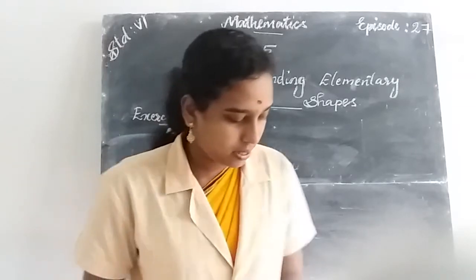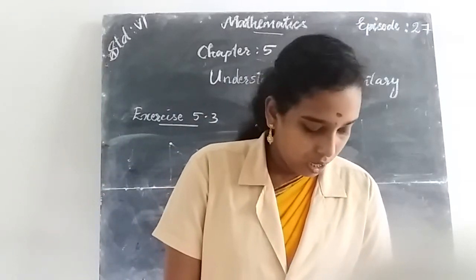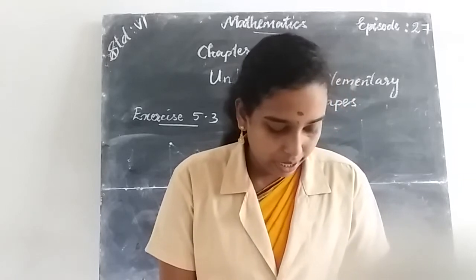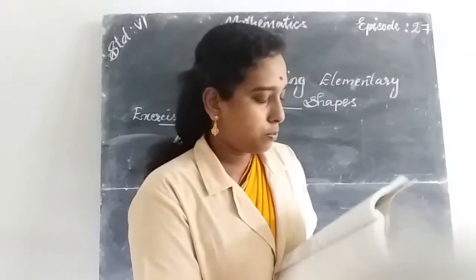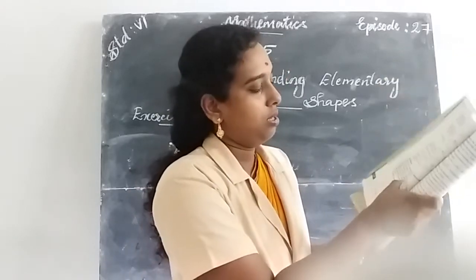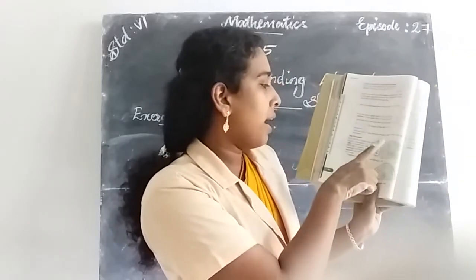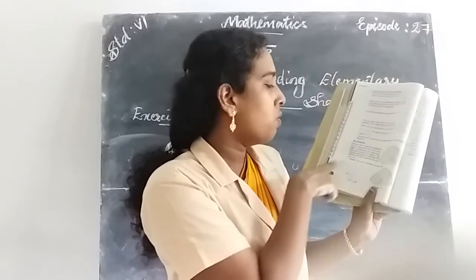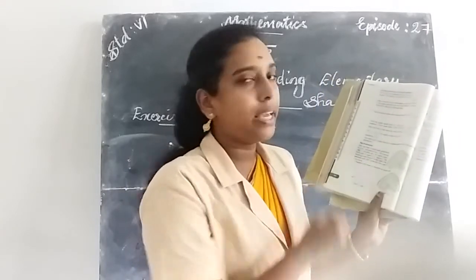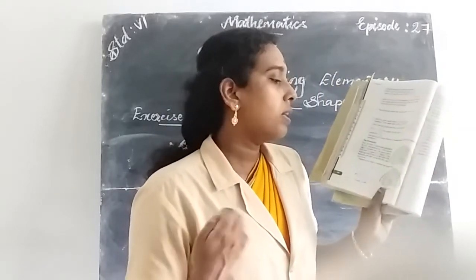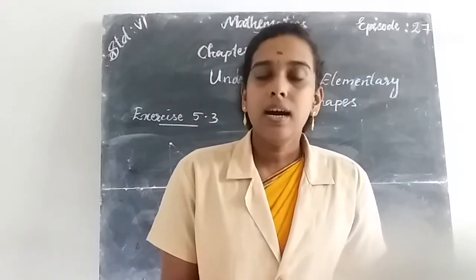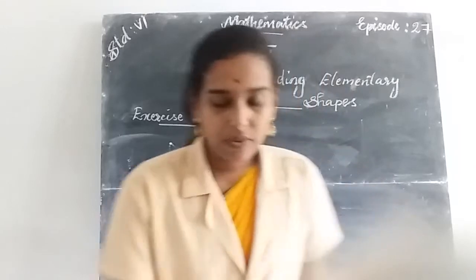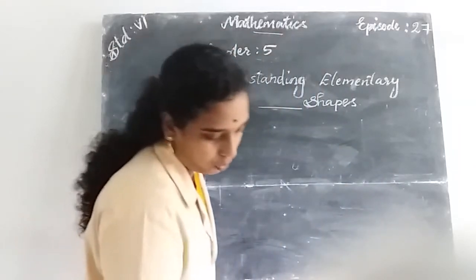Here are also some questions based on finding the angle using a protractor. In your textbook, this is a protractor, and we use a protractor to identify the angles of the given figures. I will send the videos to your WhatsApp. Then we are going to solve exercise 5.4.